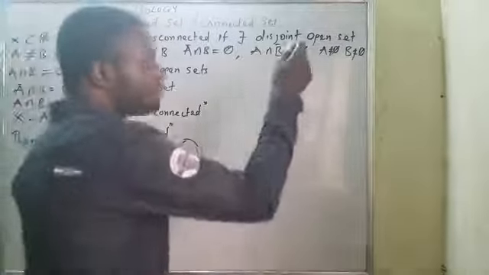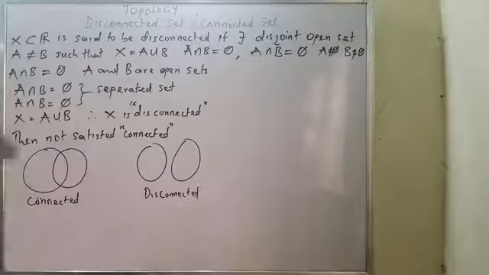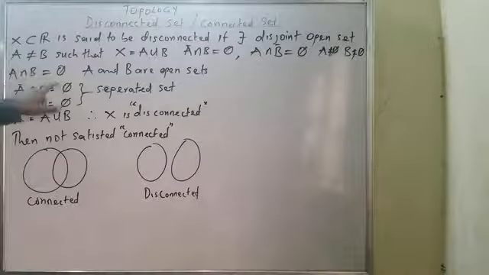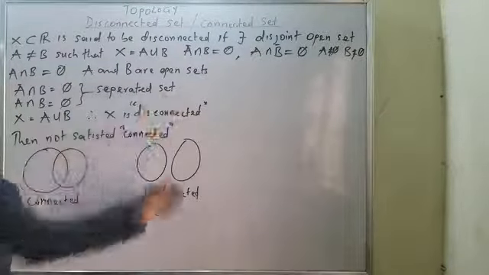It means A and B are non-empty sets, they are not empty sets. Now A intersection B is empty, and A and B are open sets.